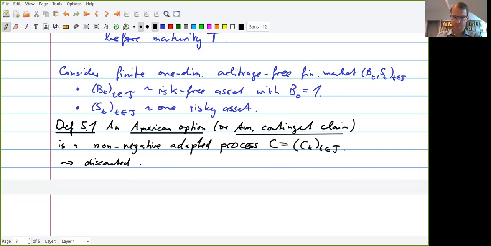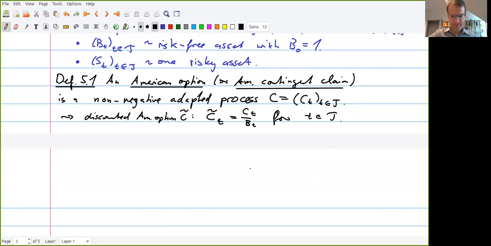The discounted American option is what we get if we discount this one by our risk-free asset. Usually, if I write a tilde, it is the discounted counterpart of the undiscounted option or process.